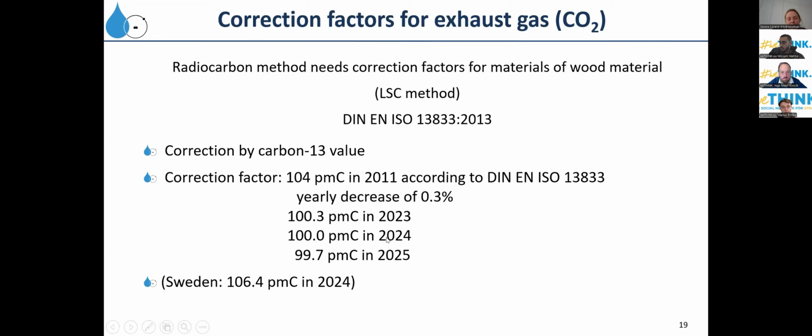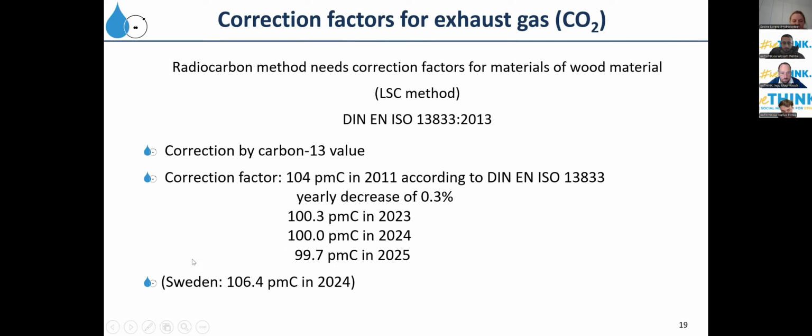So this year we do not know any correction at all, and next year we will correct for 99.7% modern carbon. This is actually the yearly value of today.